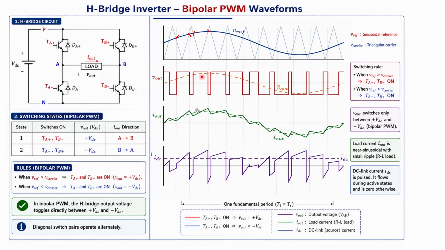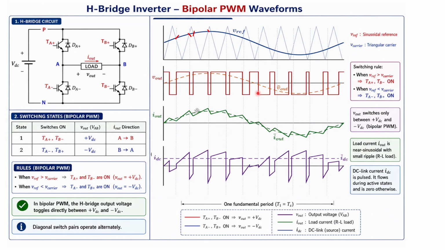You can see that the width of the pulse is increasing, then reducing, then increasing again. So when you calculate the average of this square output pulse voltage, it is near a sinusoidal voltage, so we can say that the harmonics can be eliminated.